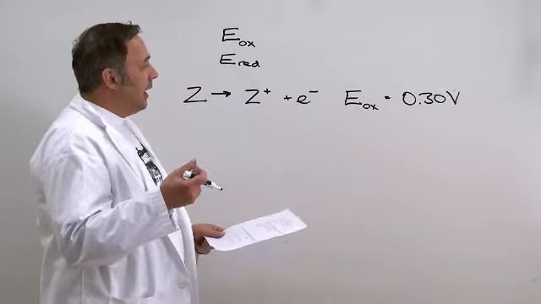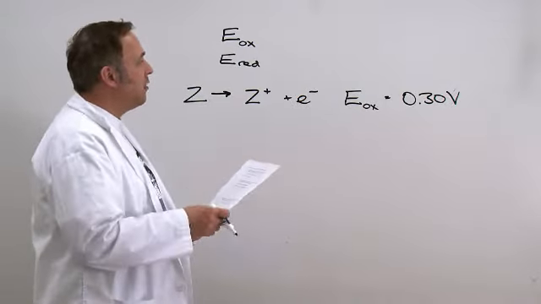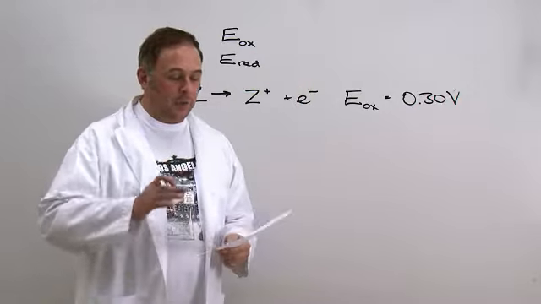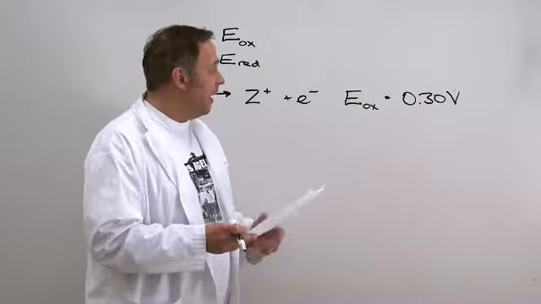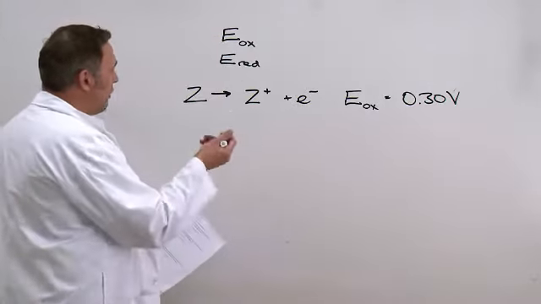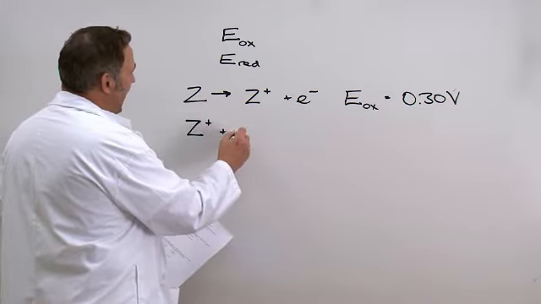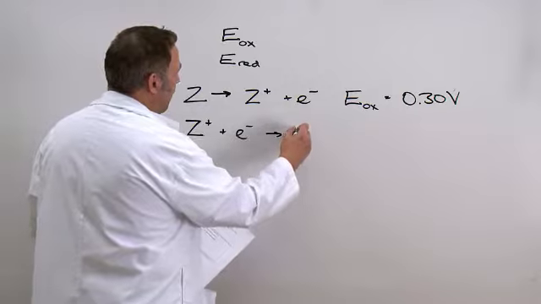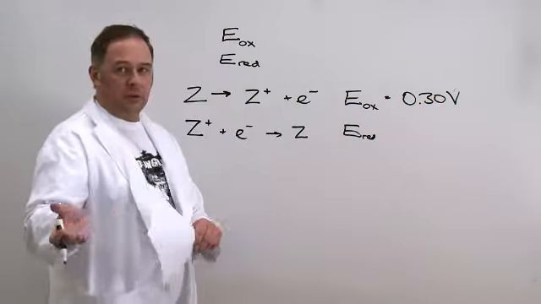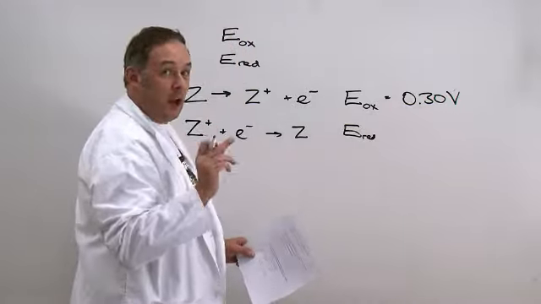Now, it is reasonable then, I think, to convert this into a reduction potential, because you can see the patterns from your periodic table much more clearly if these are expressed in reduction potentials. So let me just reverse this around, and I'm going to put my Z ion and an electron to produce a Z metal, and my E reduction, as it would be expressed in your data book, is the same numeric value but the opposite sign.